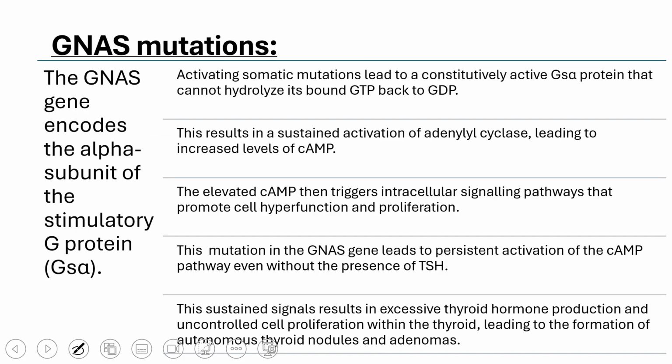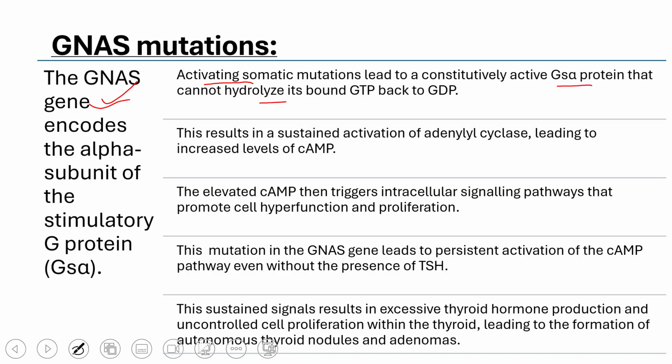Here we see this GNAS gene encodes the alpha subunit of the stimulatory G protein, and once there is an activating somatic mutation in this Gs alpha protein coding GNAS gene, that results in the loss of hydrolysis of the GTP that is bound to the alpha subunit.